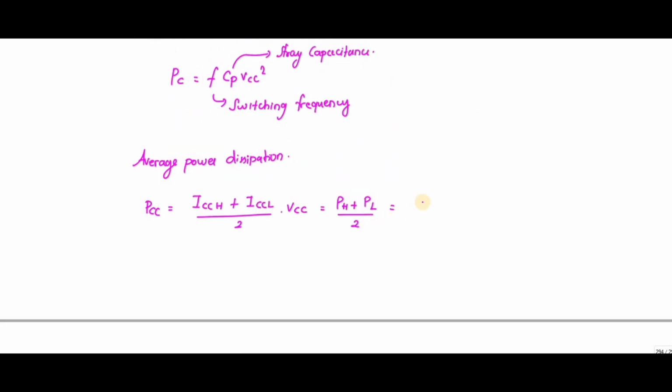So this I can write as 30 milliamps divided by 2 into 5. So what is 15 into 5? 15 into 5 milliamps, that is nothing but 75. This is your PCC.